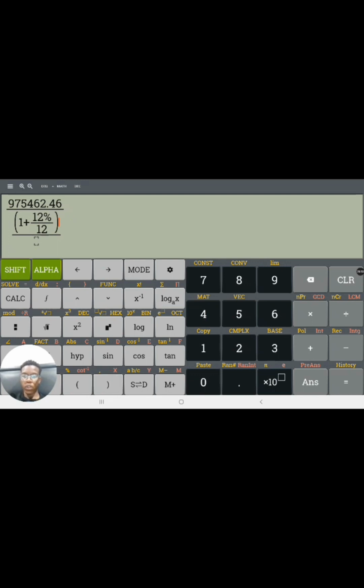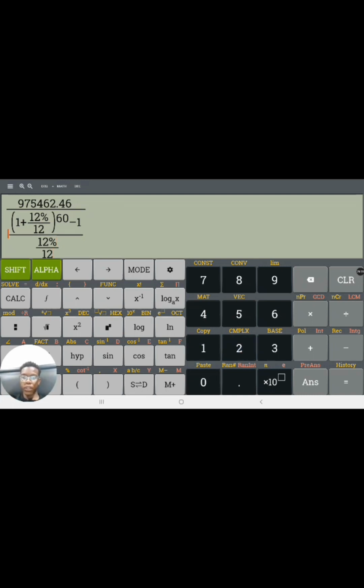Then to the power of 60, because it's 60 months, minus 1. Okay, all divided by 12% divided by 12.